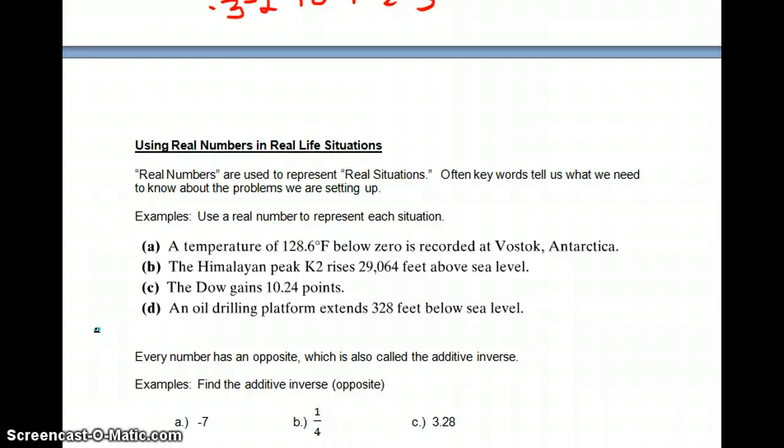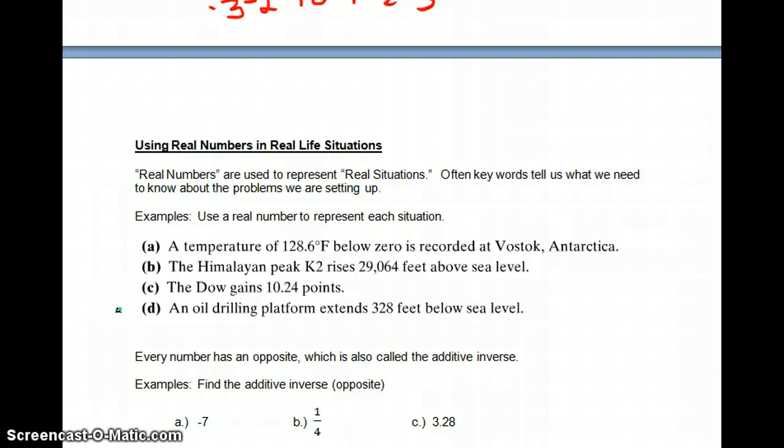But it's very important that you understand how to set up these problems, and identifying the keywords is going to be important to you. So what I want is for you to use a real number to represent each of the following situations. I'll help you out with letter A, and then I want you to do B and D without me, and then we'll come back together to represent them.